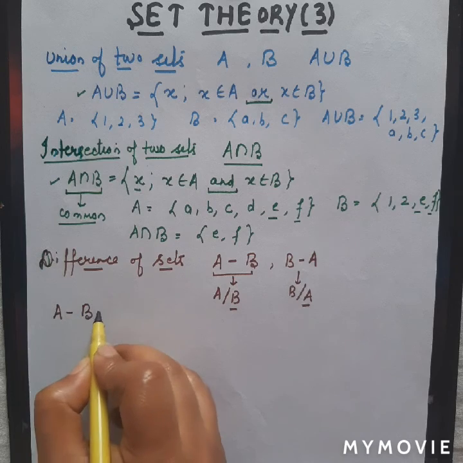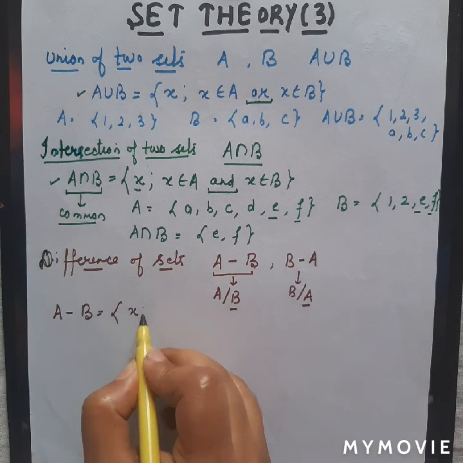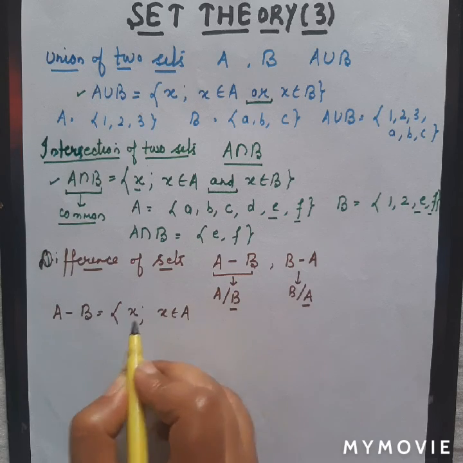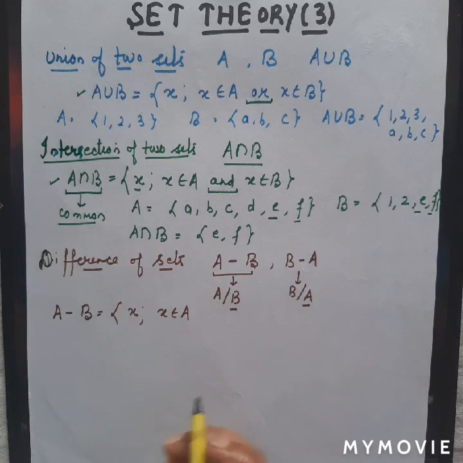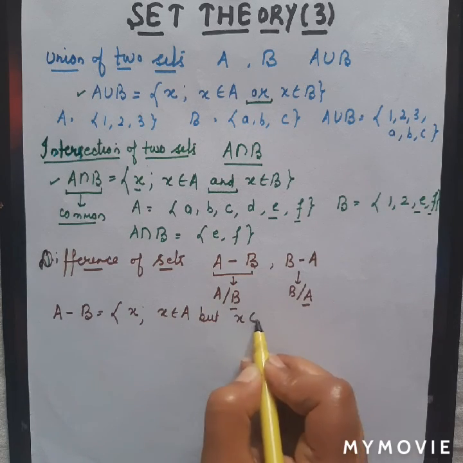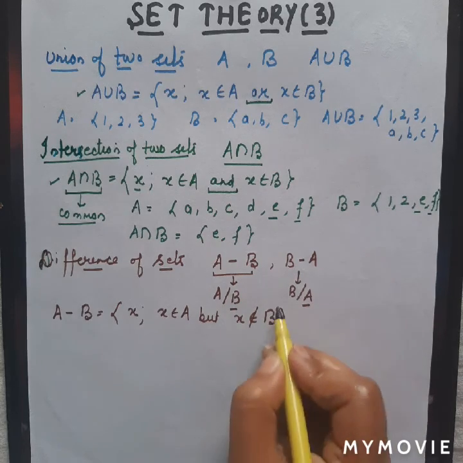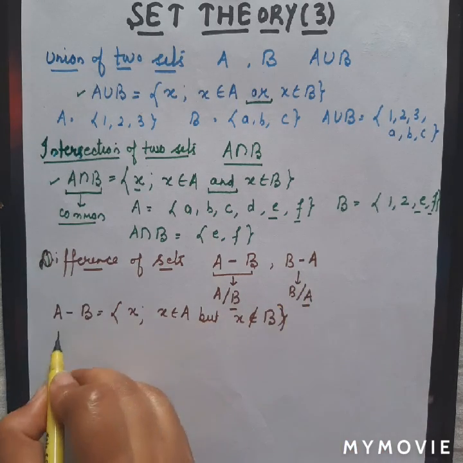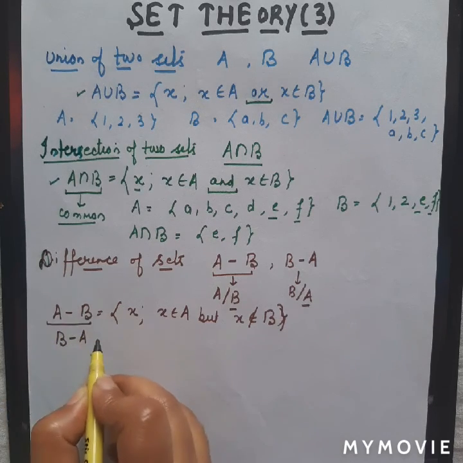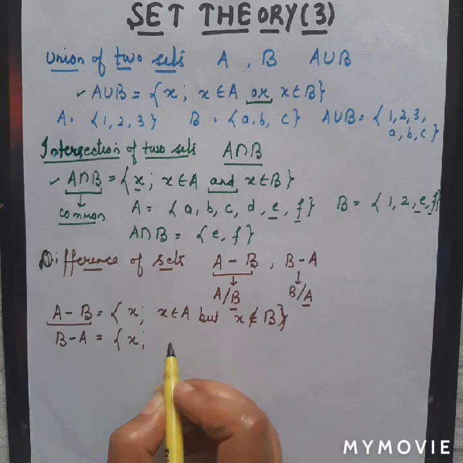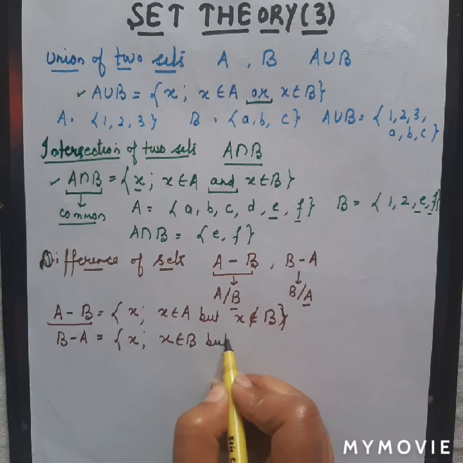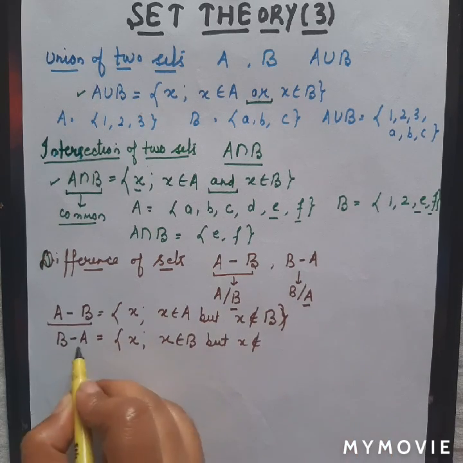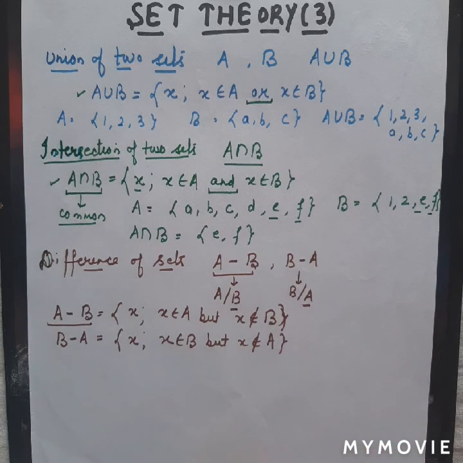So the collection of all the elements X where X belongs to A, so X belongs to A but minus B, that means X does not belong to B. And in the same way, B minus A, if you have understood this definition properly, then you would know that this is a collection of all the elements x such that x belongs to B but x does not belong to the subtracted one, A.